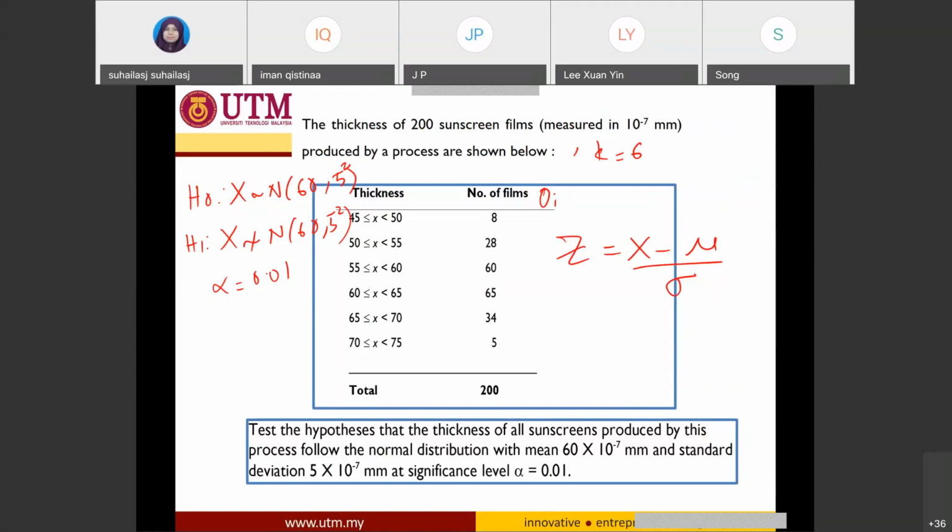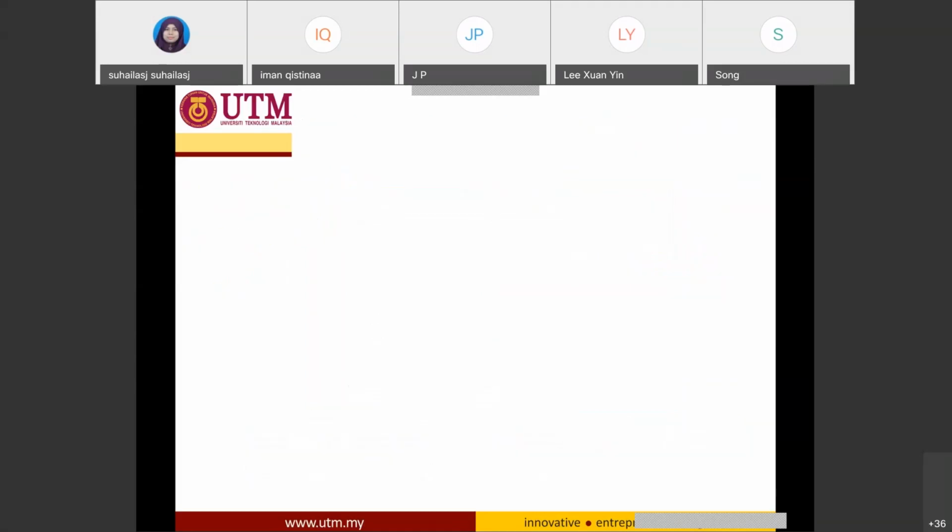So now let's find the probability for each interval. First, you want to find the probability 45 less than or equal to X less than 50. X is normal, mu 60, standard deviation 5, so the variance is 25, because the given is the standard deviation.